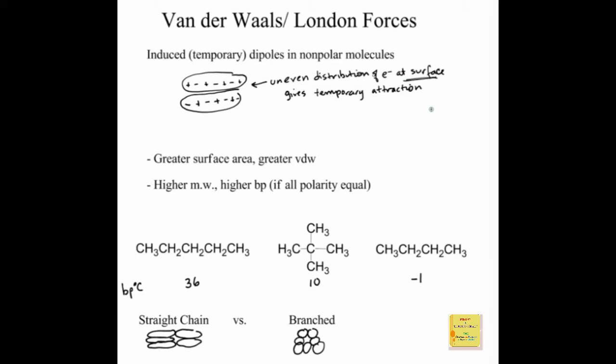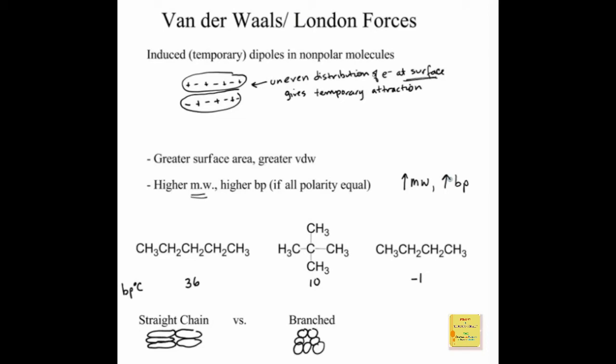So what's observed is that the greater the surface area a molecule has, the greater the van der Waals attractions it's going to have. And one observation then is, all other things being equal, as you increase your molecular weight, you're going to increase the boiling point, because you will simply have more surface area that can interact.